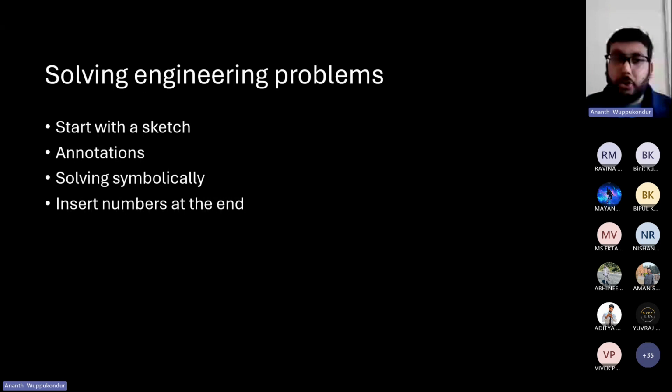So in the exam, if you get a question on design of dams, I would expect to see that you solve it symbolically throughout and then put the numbers in the end. So if you just write the numbers and give me just the answer, I'm not going to consider that. So I want to see that you solve it symbolically throughout and then insert the numbers at the end.